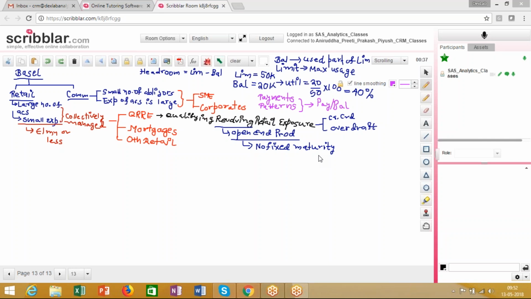But generally, what we can see is that if your utilization is less than or equal to 50%, then that's okay. However, if you have utilized your card to a very high limit like 95% or 99%, that is where a certain volatility starts coming in. That is where this particular problem starts coming in.